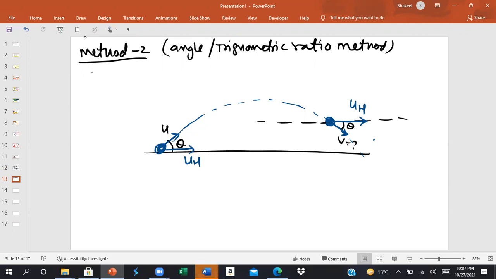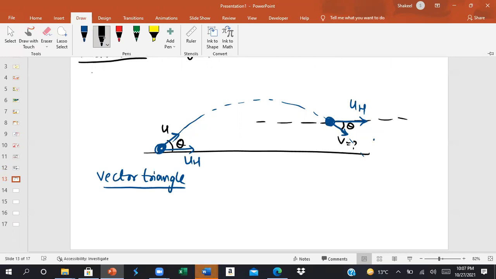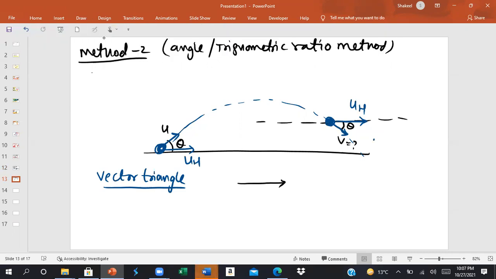So you will again make a vector triangle. Make a vector triangle in which you draw UH first, and then of course, Vy, the vertical component, is there. You don't know its value, but you can draw it.